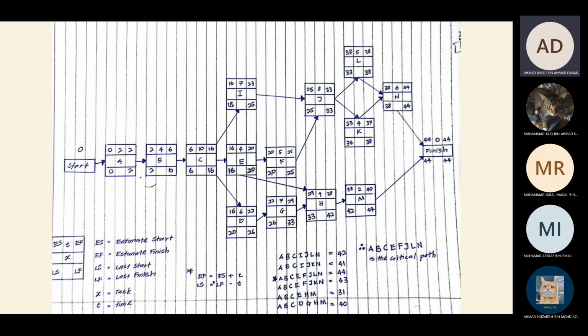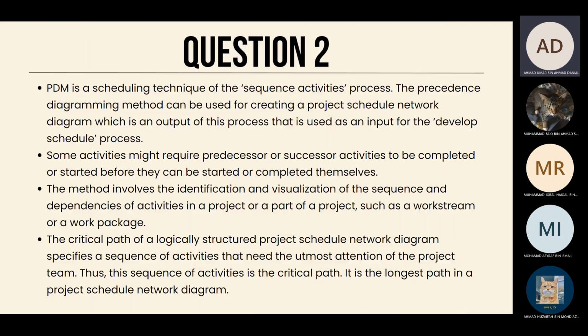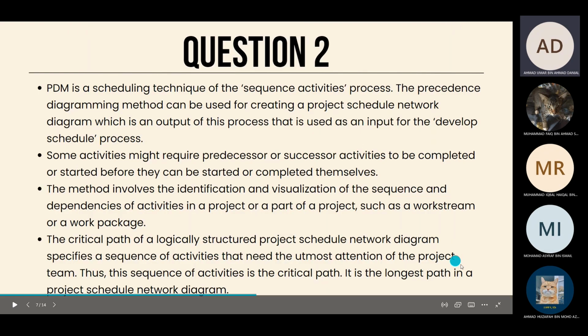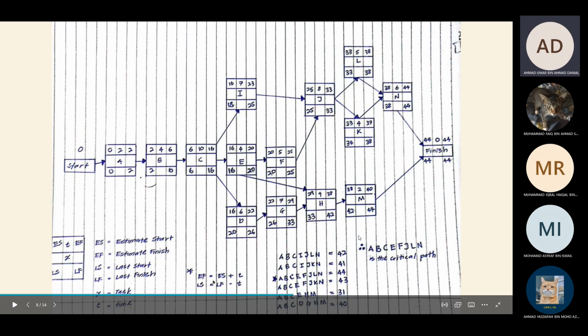So what we need to find in this question, besides ES, EF, LS, and LF, is the critical path. As stated earlier, the critical path is the longest path.